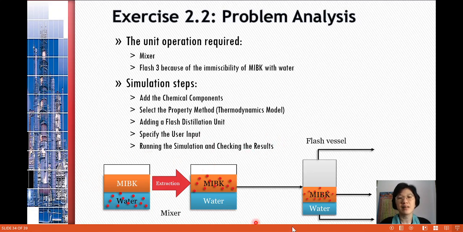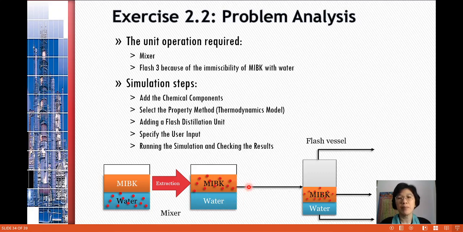So this is the graphical representation of the overall process. First we have water with acetone. The acetone is our desired product. It is in water, so we introduce MIBK here and let the extraction happen in the mixer. After the extraction, acetone is supposed to go to MIBK based on the affinity of acetone with MIBK, and then we have two layers because of the immiscibility of MIBK and water.